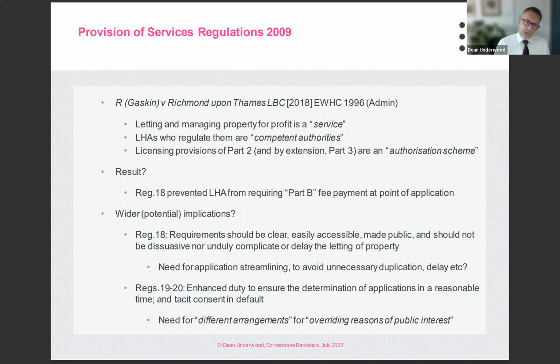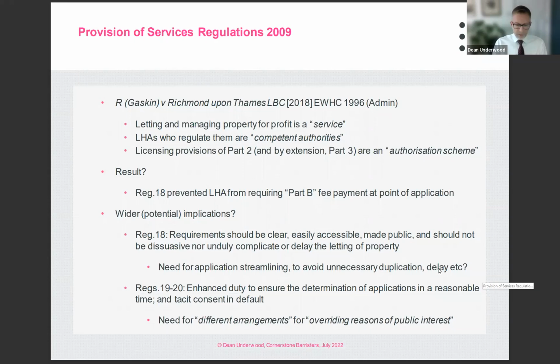But moving beyond Regulation 18, Regulation 19 provides, in essence, for an enhanced duty to ensure the determination of license applications within a reasonable time, and for so-called tacit consent to the application in default.